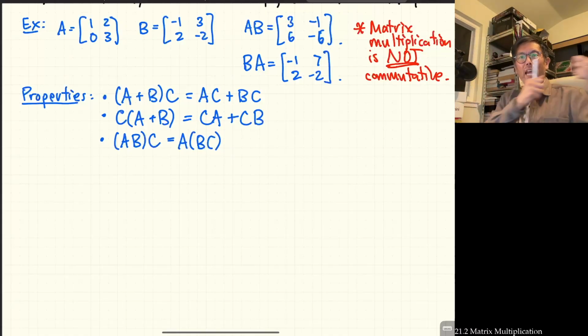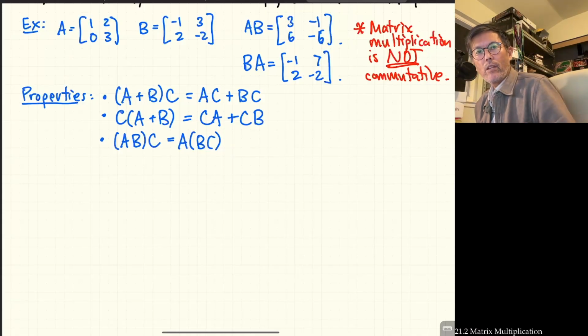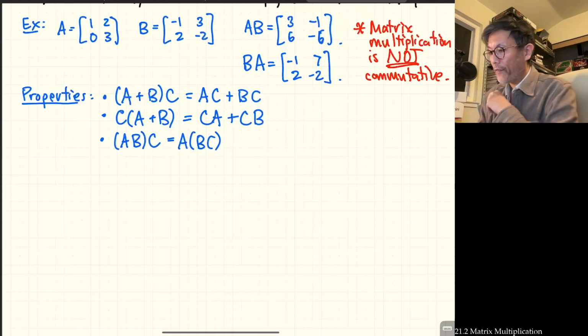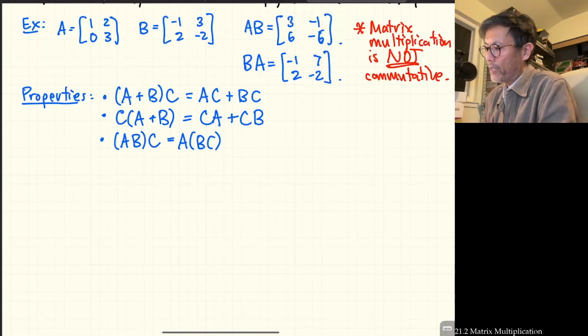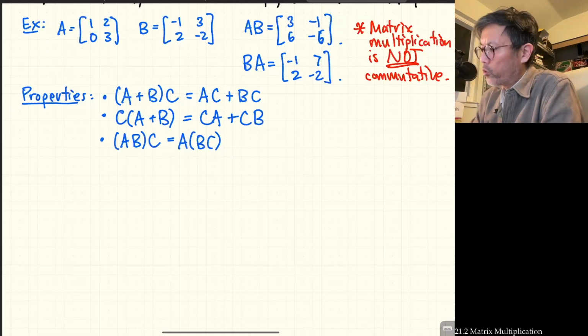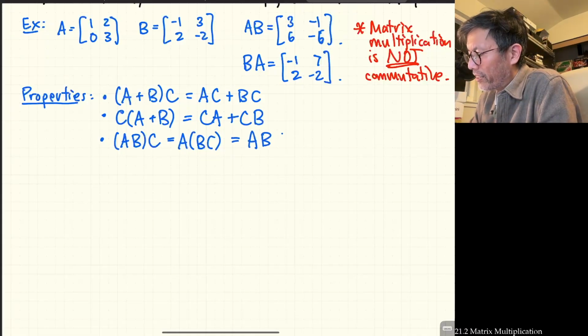That's the same thing as doing AB first and then multiplying by C on the right. What wouldn't be okay is if I was to somehow have a product like ACB. That would not be the same thing as ABC because of non-commutativity. And so very often we'll just drop parentheses altogether and just write ABC. This is called associativity, and it's important.